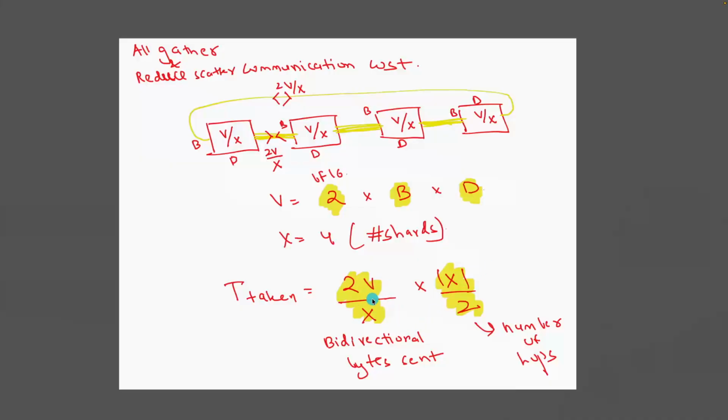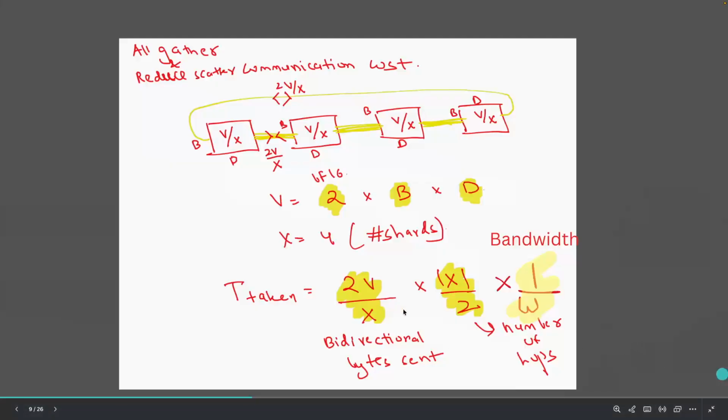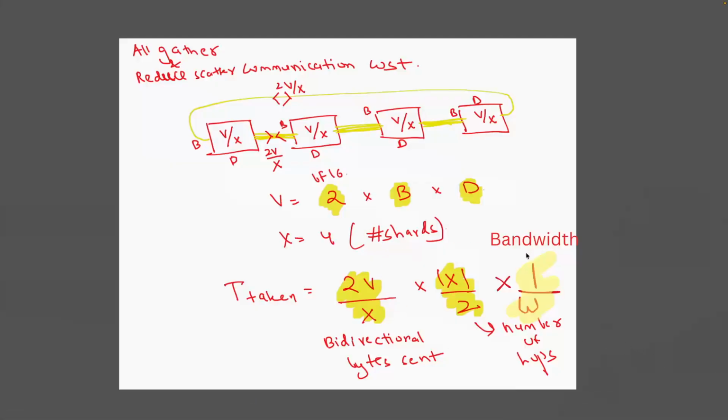So the total time taken will be 2v by x times the number of hops. Sorry, there were some issues with the slides. 2v by x is the amount of data being shared in the bidirectional setting, x by 2 is the number of hops, and to get the total time taken, we need to divide by the bandwidth, the data transfer speed between these devices, including this wraparound.